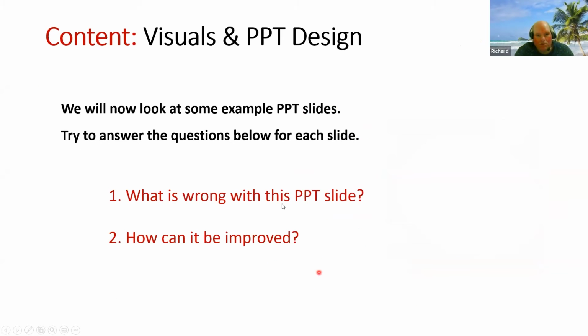Here we go. All right, so here we're looking at some PowerPoint slides, some examples. And I've got 2 questions on each. And obviously the first one here is what is wrong with a PowerPoint slide? So I'm looking for some feedback from everyone. You can say it or you can type it, your choice.